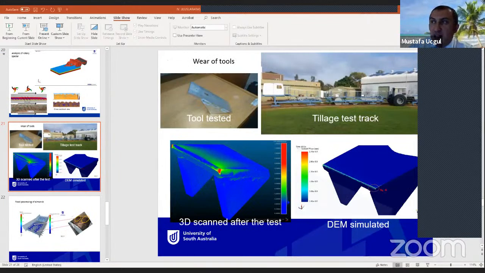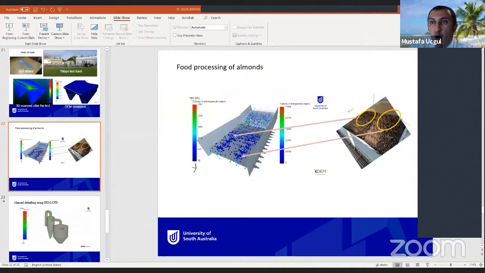What else we can do is analyze the wear, which is an important thing. We can analyze the wear and see how our tools are deforming when they interact with the soil. Or we can use this method to analyze the food processing of different machineries.